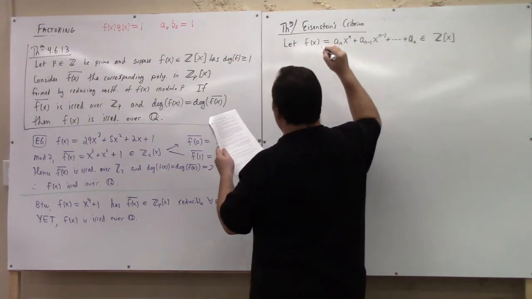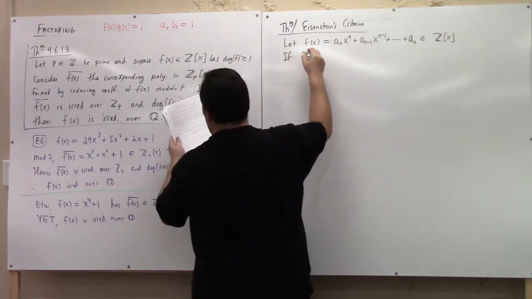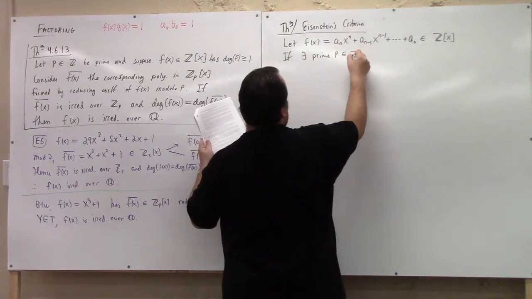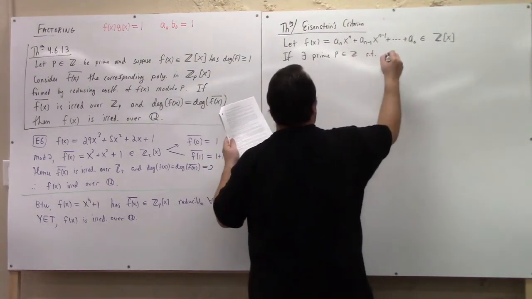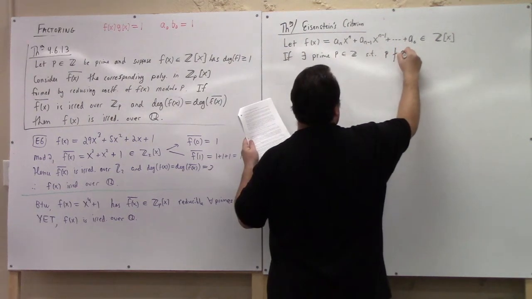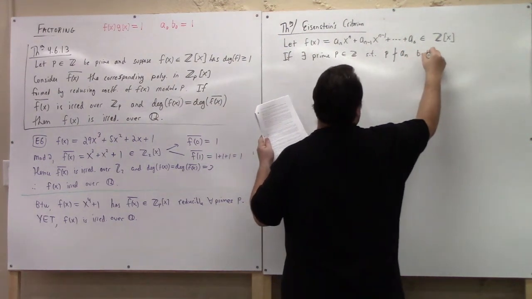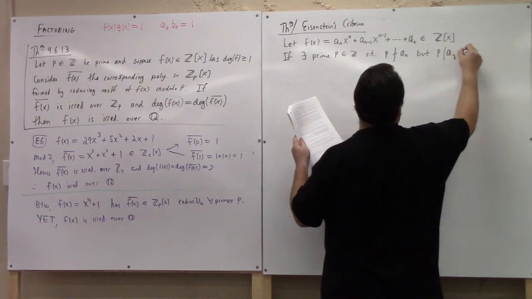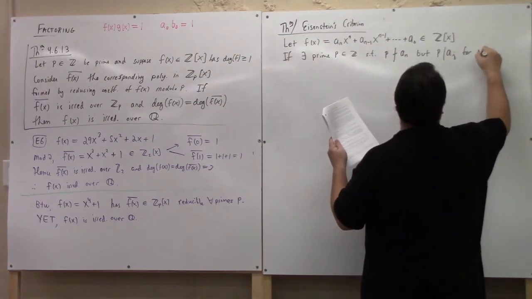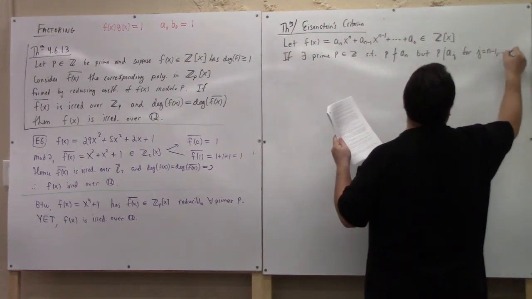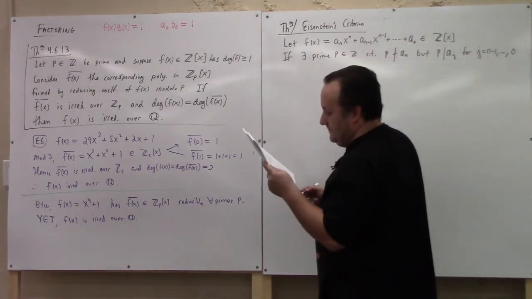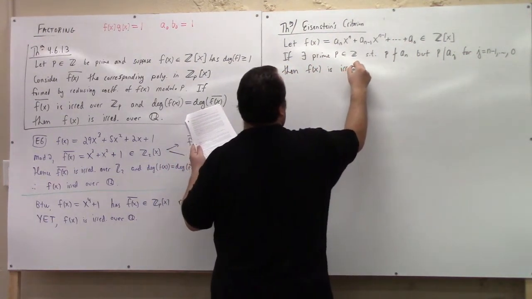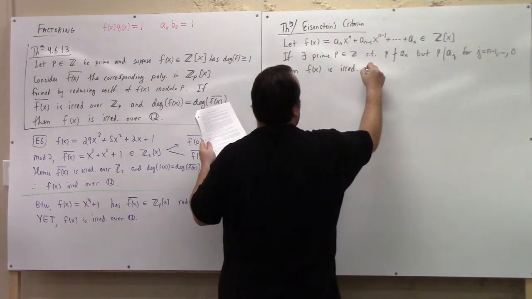If there exists a prime p in Z such that p does not divide a sub n, the leading coefficient, but p divides a sub j for j equals n minus 1 all the way down to 0, then f of x is irreducible over Q.